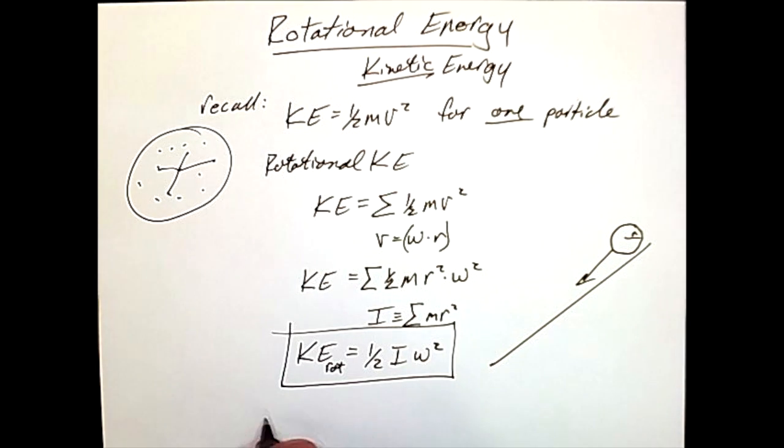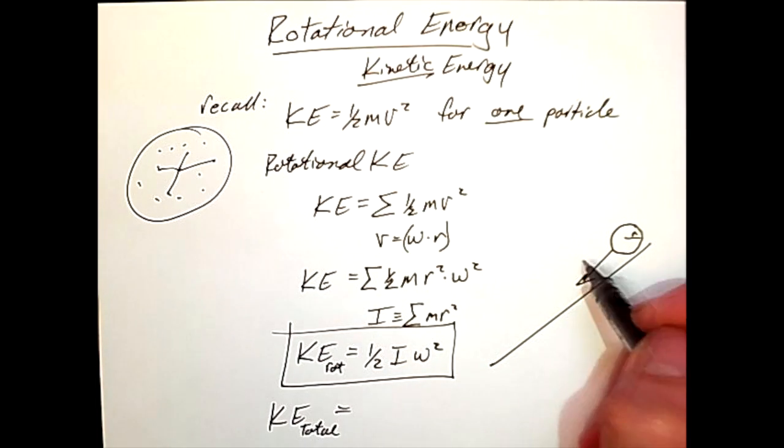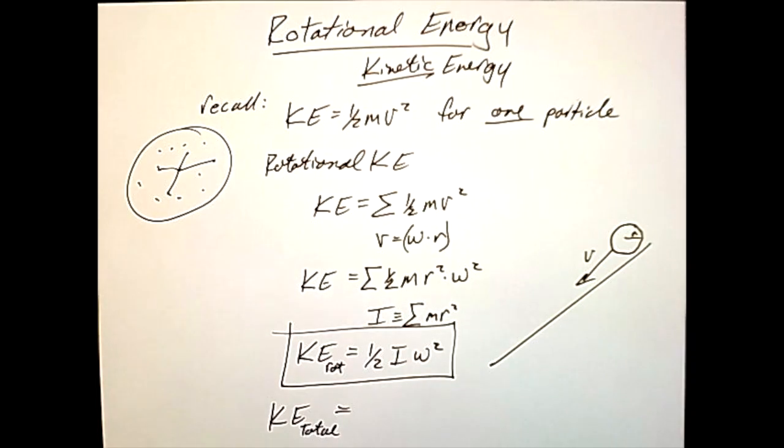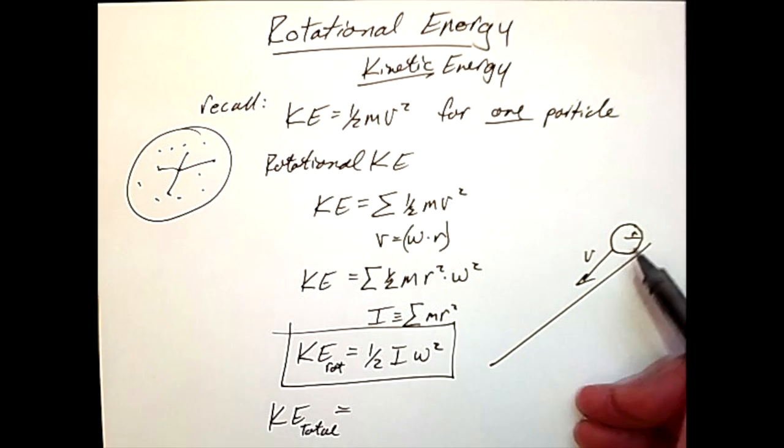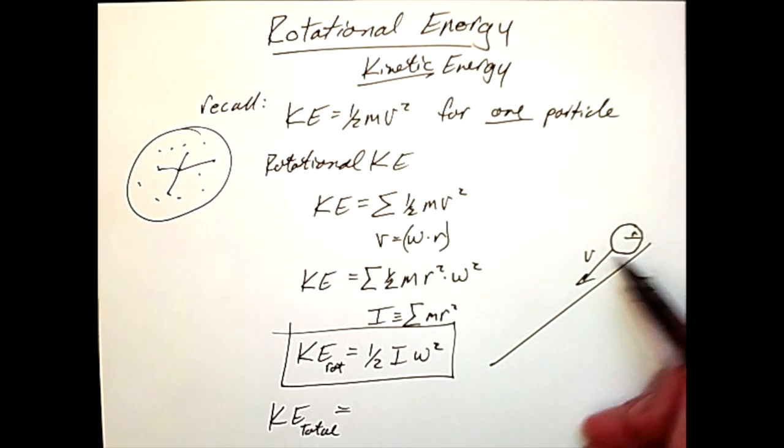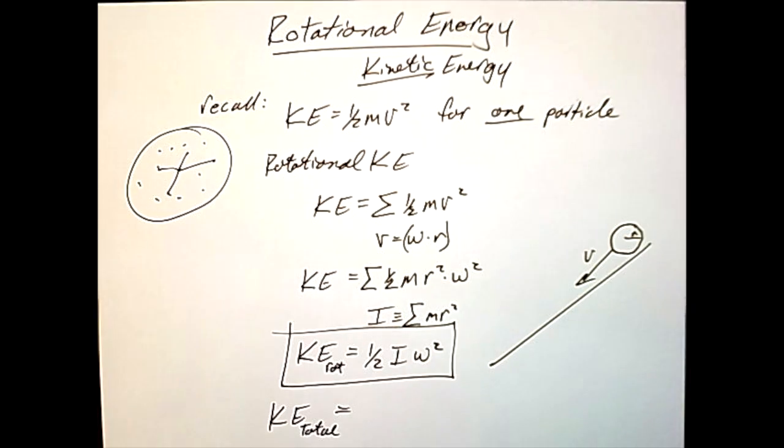That's all to say that the total kinetic energy would be the kinetic energy based on this velocity that's increasing as it rolls down the hill, but also the omega velocity that's rotating, that's causing it to spin faster and faster and faster as it goes along. And so this would be its kinetic energy linear plus its kinetic energy rotational.